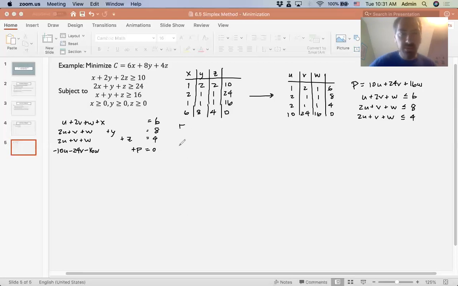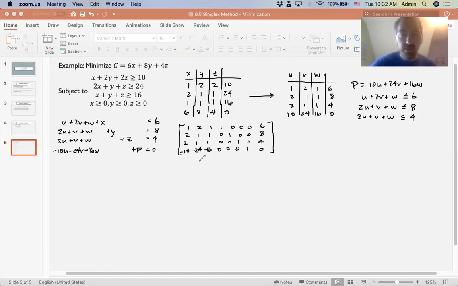And now, writing this as a matrix: 1, 2, 1, 1, 0, 0, 0, 6; 2, 1, 1, 0, 1, 0, 0, 8; 2, 1, 1, 0, 0, 1, 0, 4; and negative 10, negative 24, negative 16, 0, 0, 0, 1, 0.